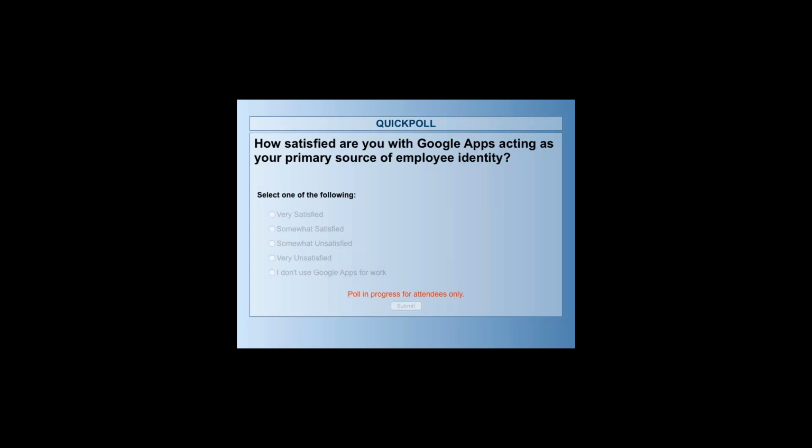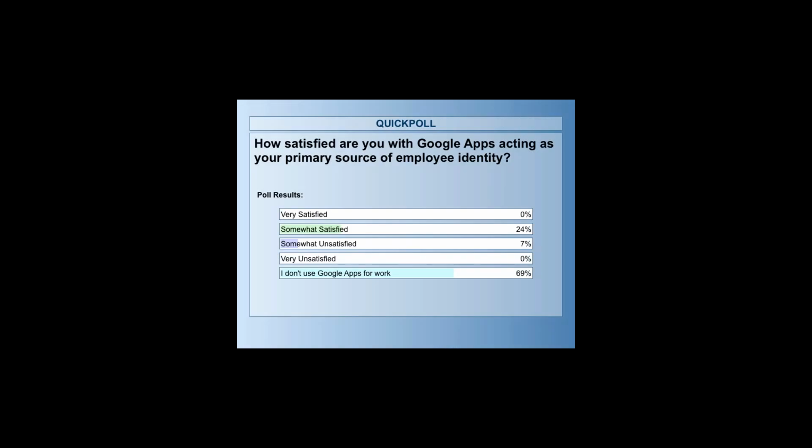We'll give you another 5 seconds. 4, 3, 2, 1. And that closes it. Just real quickly, if we look at our answers, as I would suspect, more than 2/3 of you don't use Google Apps for work. You're new to Google. Of those who do, somewhat satisfied is about a quarter, and only 7% are unsatisfied.